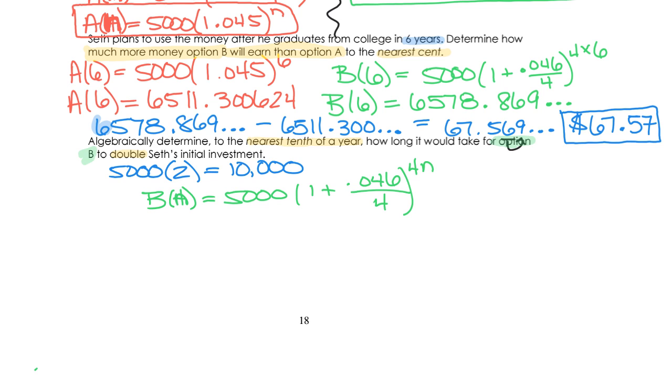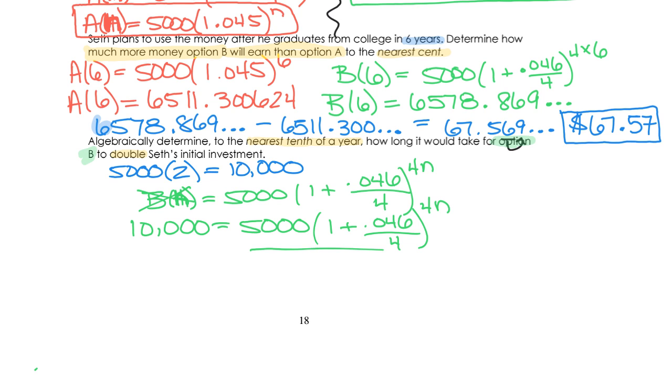Oops, this was an n. Okay, and we're going to take that final amount out anyways, and we're going to put in 10,000. And we're going to solve for n. And notice n is an exponent, and that is why we need logs in this question. Okay, but before we get to log form, we're going to divide by 5,000.